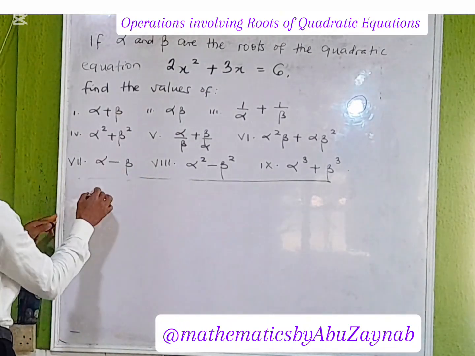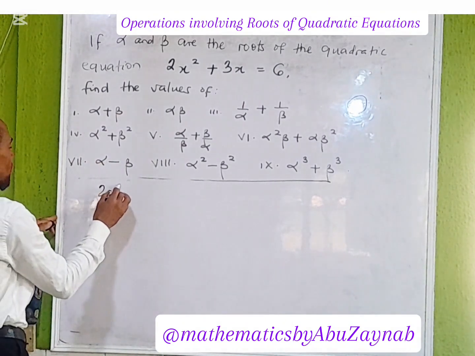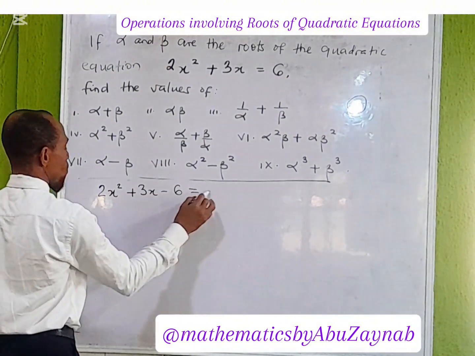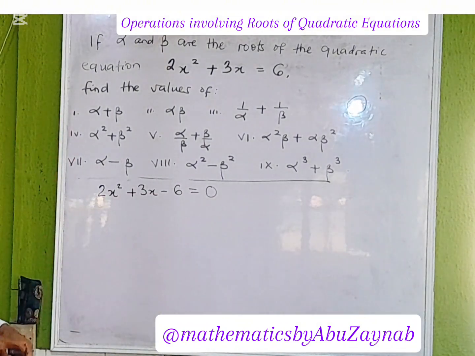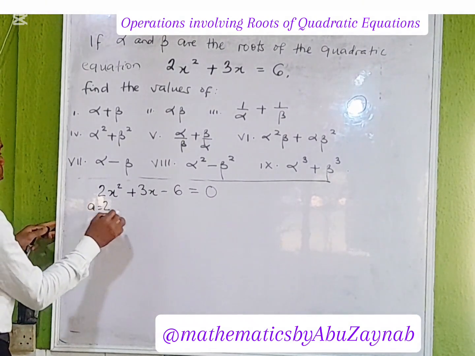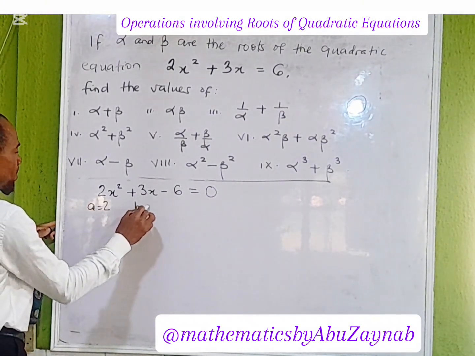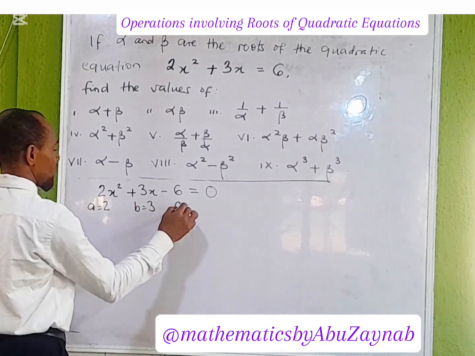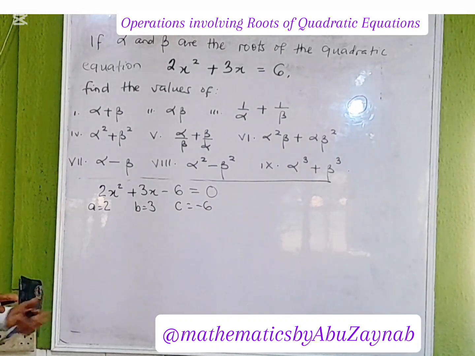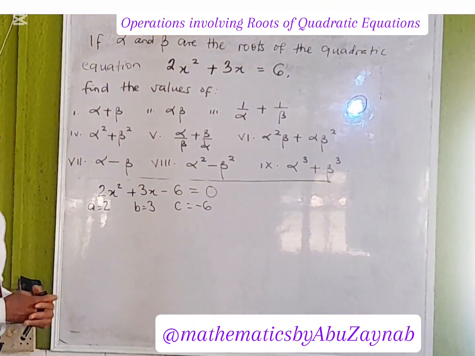Hence, I'm going to have 2x squared plus 3x minus 6 equals 0. That's the standard form, from where my a is 2, my b is 3, and my c is minus 6. This is very, very crucial. Once you get any of these wrong, most likely your work will be wrong.